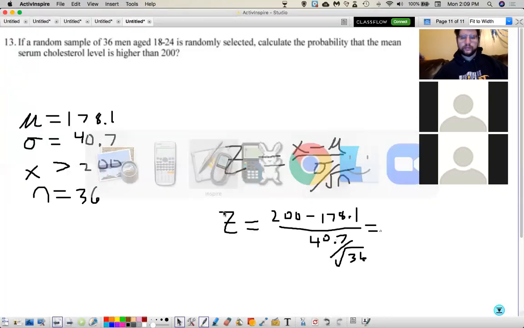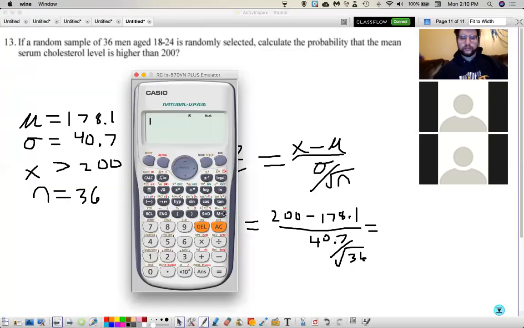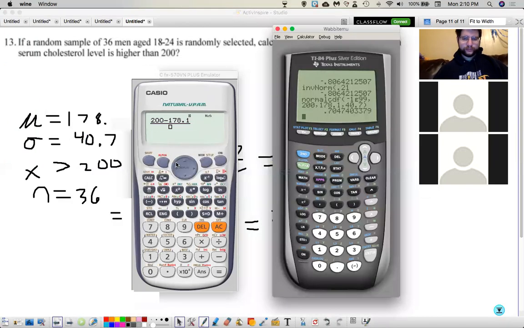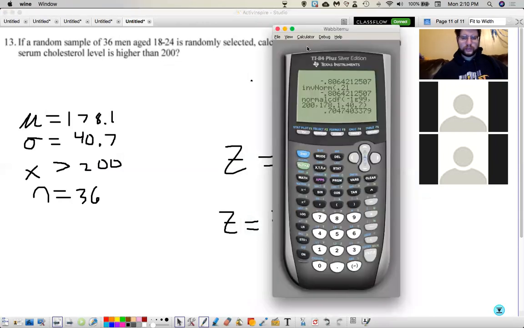So $200 minus 178.1. And if you're doing this on a non-Casio or something that doesn't have math type, make sure you put your numerator in parentheses. Yeah, I'll go ahead and do it for you TI users.